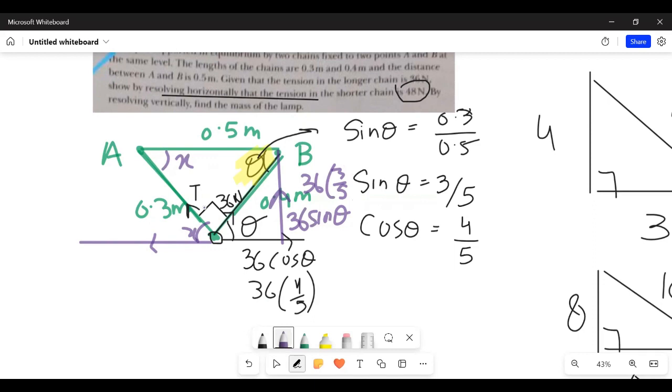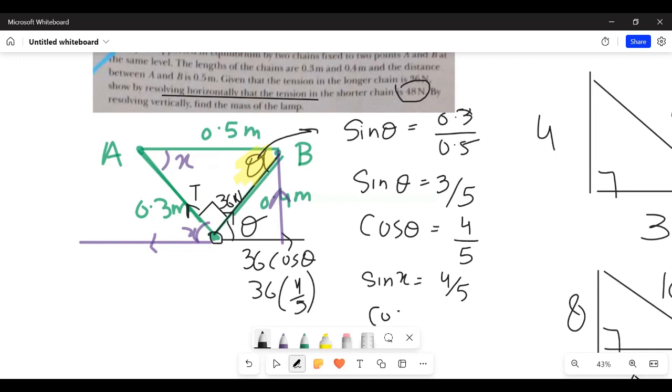Okay. Similarly, we need cos x and sin x because we also need to resolve T into its components. So sin x would be 4/5. It's actually 0.4 over 0.5, but we can write it as 4/5 if you multiply by 10 both the numerator and denominator.